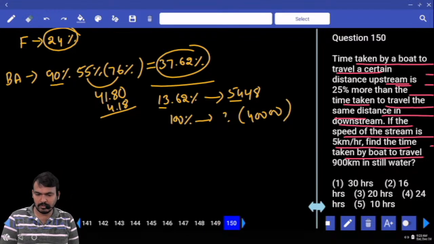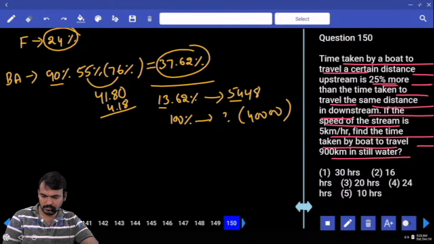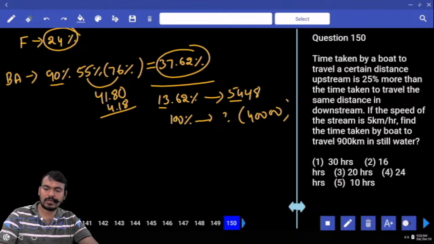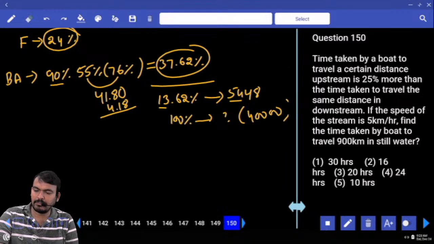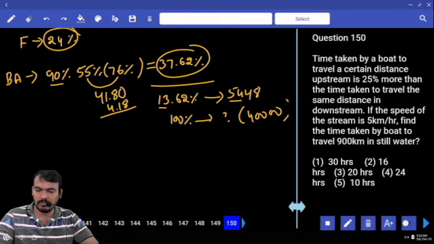Next question number 150. The time taken by the boat to travel a certain distance upstream is 25% more than the time taken to travel the same distance downstream. If the speed of the stream is given as 5 km per hour, find the time taken by the boat to travel 900 kilometers in still water.